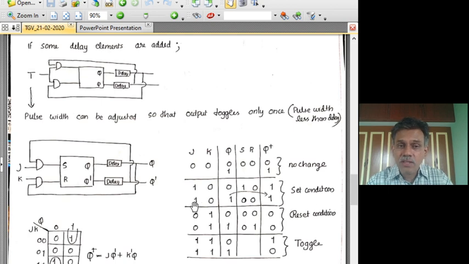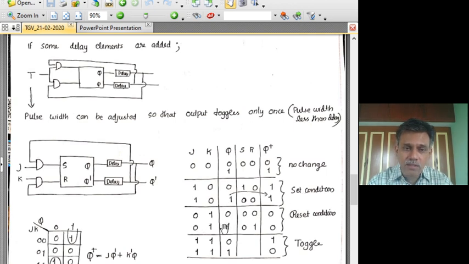So we saw that in an SR latch, S equal to 1, R equal to 0 is a set. Now J and K act as if they are S and R. J equal to 1, K equal to 0 sets the latch.